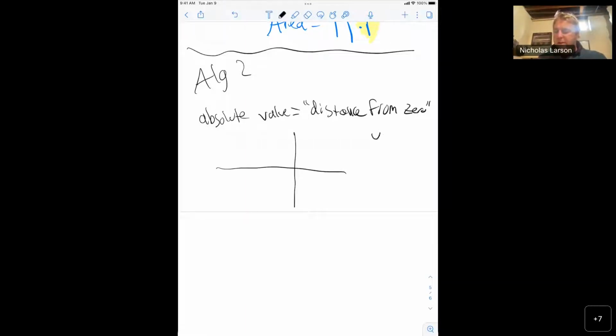So let's say that we have y equals the absolute value of x. That means that when x is 1, y is 1. But when x is -1, -1 is still 1 unit away. When x is 2, y is 2. But when x is -2, it's still 2 units away. So it really forms a V shape.